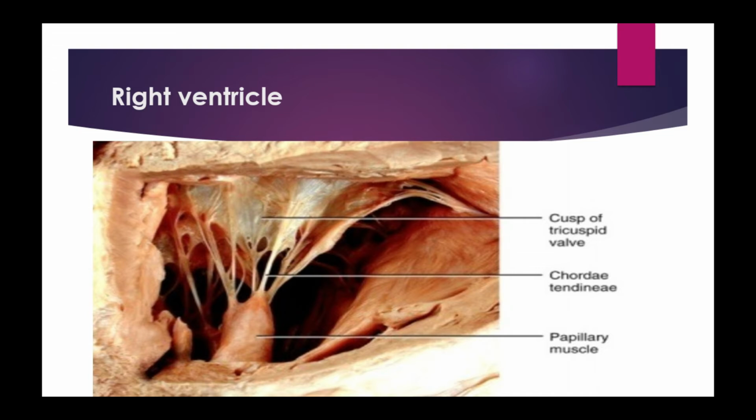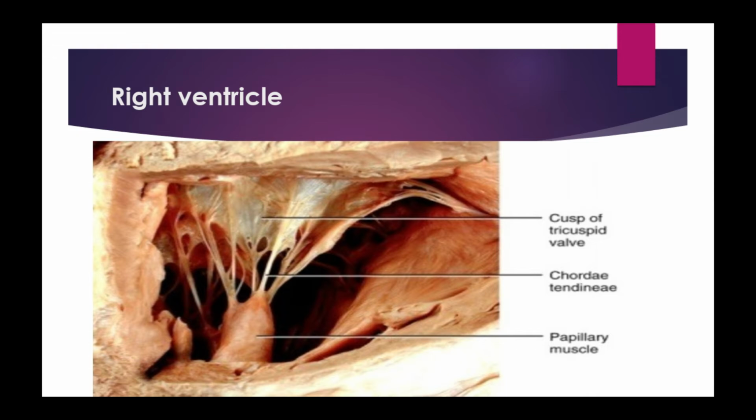It receives deoxygenated blood from the right atrium and pumps it to the lungs through the pulmonary valve, the pulmonary trunk or pulmonary artery. Then next is the papillary muscle.